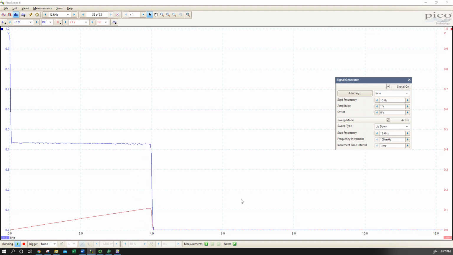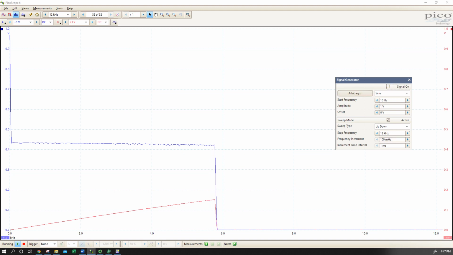And so for this particular circuit, from the standpoint of the load, we're seeing the action of a high pass filter, meaning the higher the frequency, the more voltage is being passed to the load. So the red line is representing the voltage signal over the load. So we can turn that off.